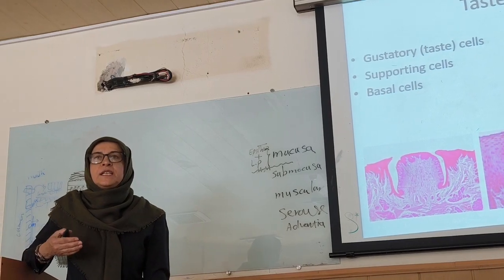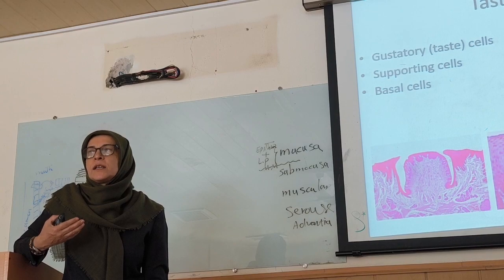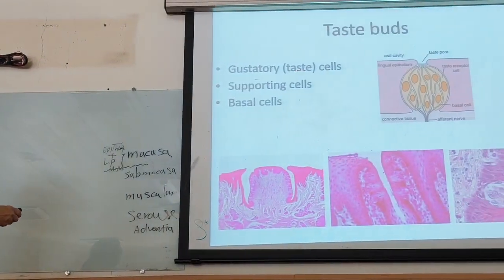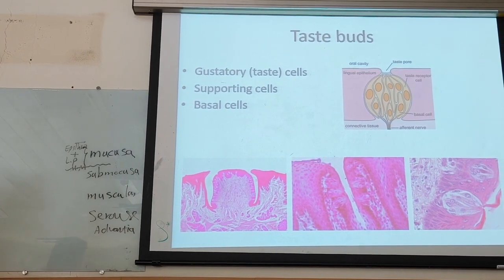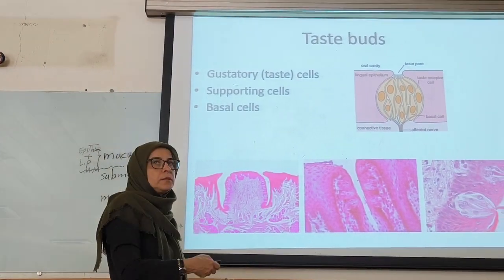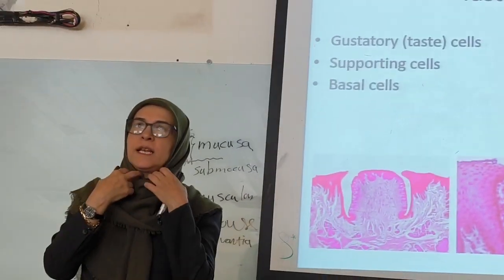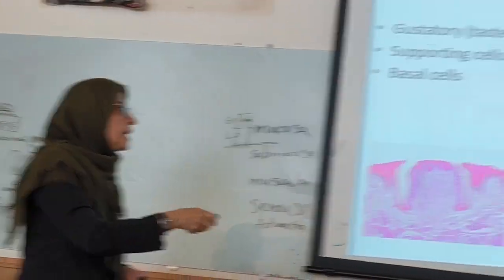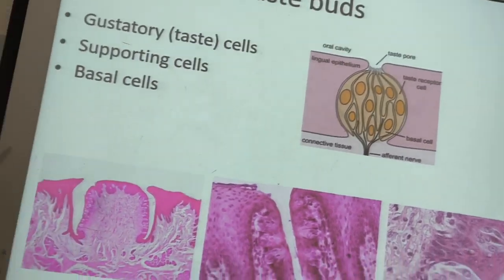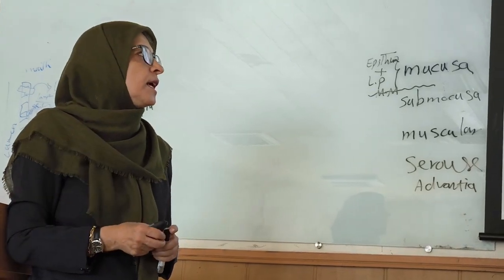It means in these structures we should find neurons, sensory neurons for tasting, called gustatory or taste cells, which are the same as neural cells and have a body or soma, a dendrite for the reception of the sense that acts as a receptor, and a single process as axon, and the collection of them forms the fibers for tasting.